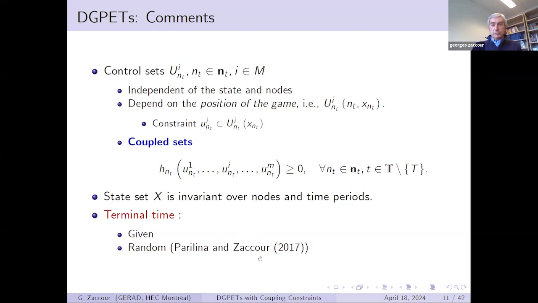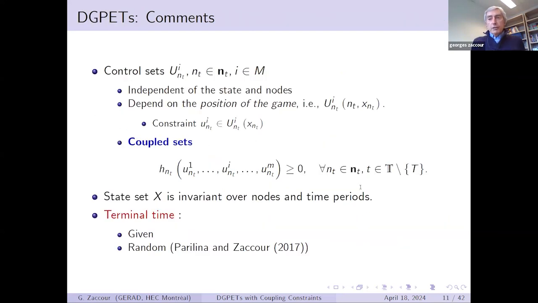If you are interested, there is a paper, if I remember well, in JOTA with Elena Parilina dealing with the case where we have random time. So in this case, you have to add at each node the probability that the game may end for force majeure or whatever you want to capture.